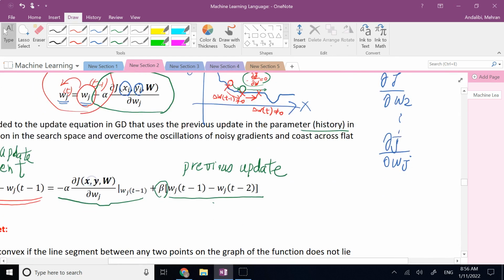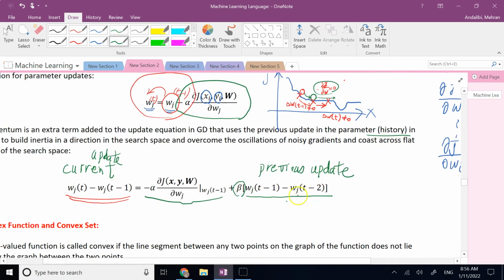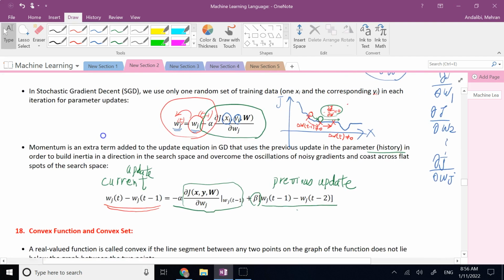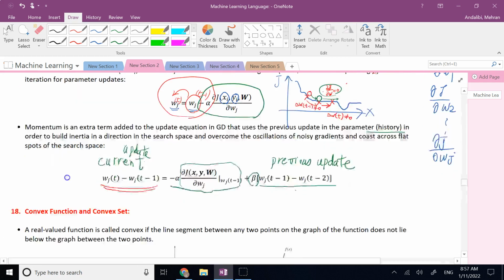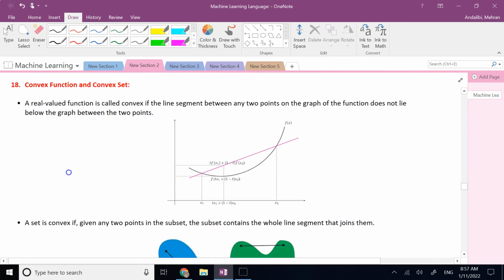And that is called the momentum, and you get it from the previous what? Previous update, and this gain beta here determines the relative weight between your gradient term and your history term. The bigger you use this means the bigger you use the momentum, and the harder it is for you to forget that you had momentum. So that's about these topics.